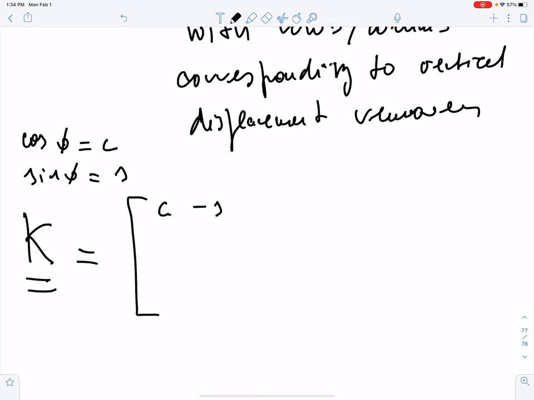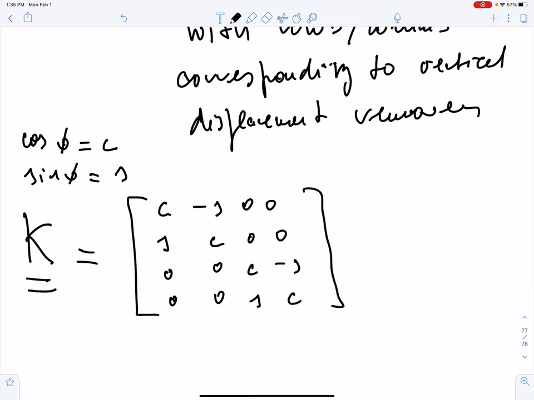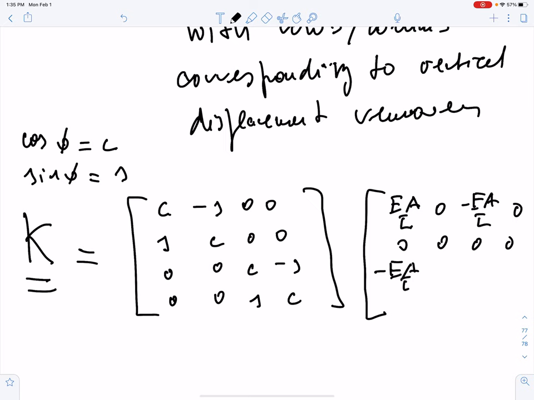C, minus S, 0, 0, S, C, 0, 0, 0, 0, C, minus S, 0, 0, S, C. This guy will multiply EA over L, 0, minus EA over L, 0, 0, 0, 0, 0, minus EA over L, 0, EA over L, 0, 0, 0, 0, 0.